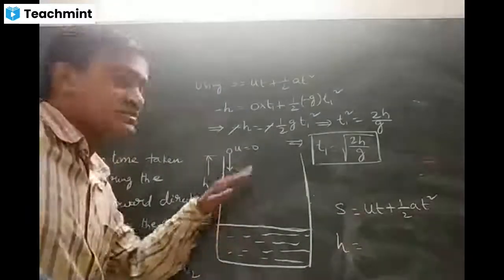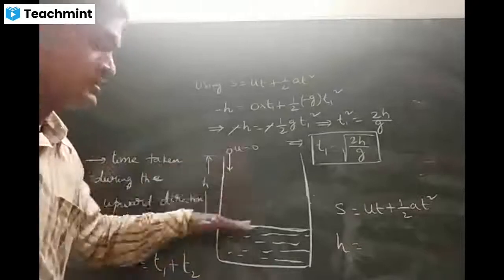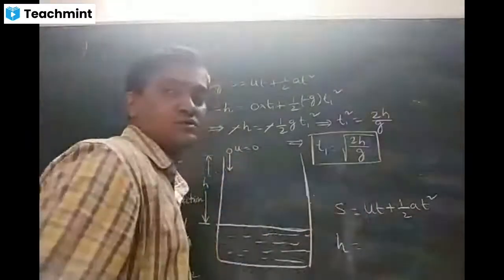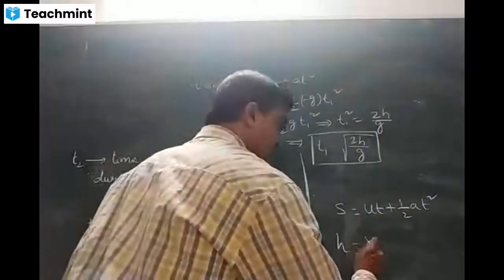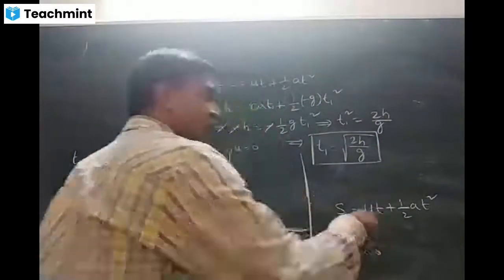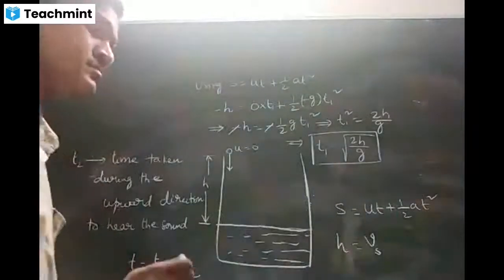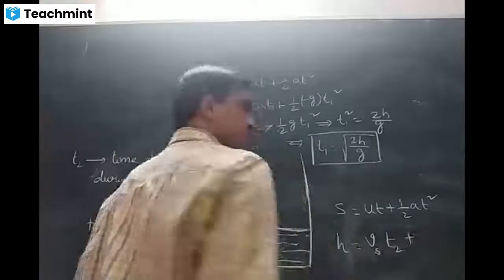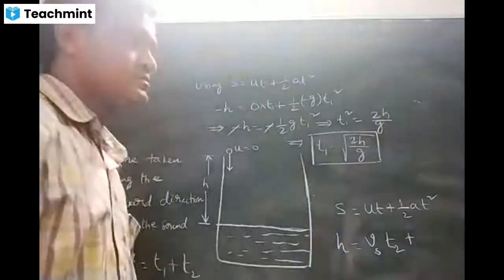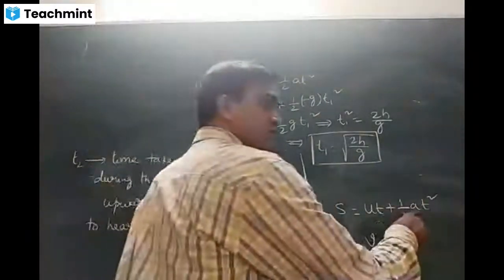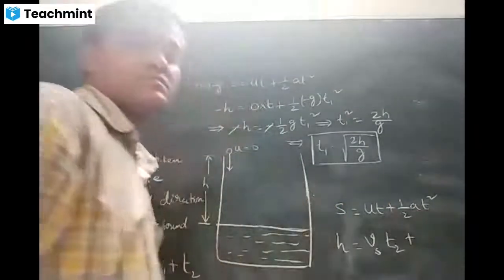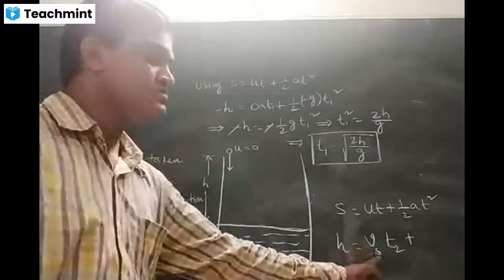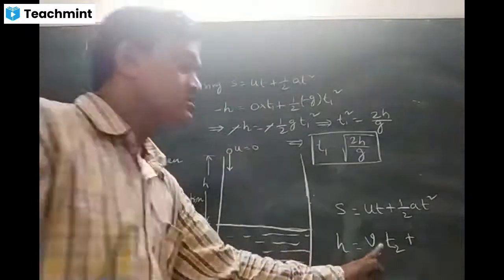Don't take the earlier u, because now I'm considering the upward journey. This u should be the velocity of sound, 330 meter per second, into time t2, plus half times acceleration.